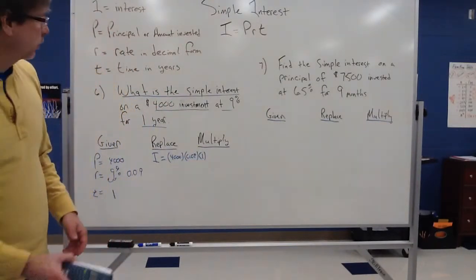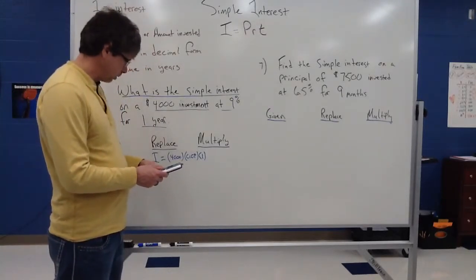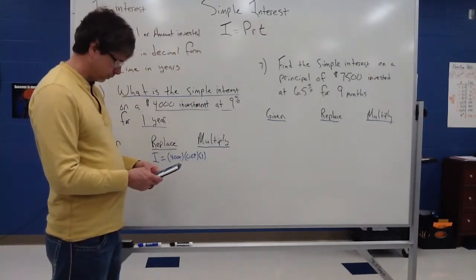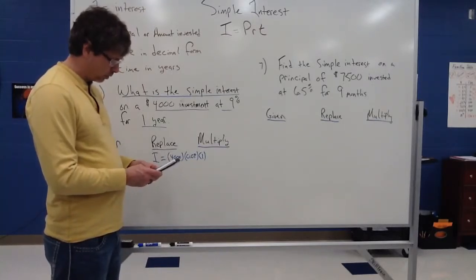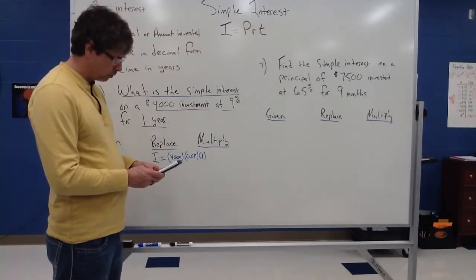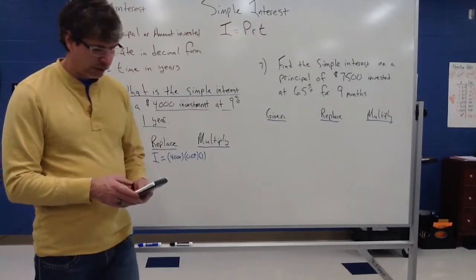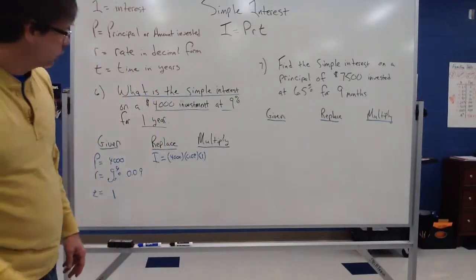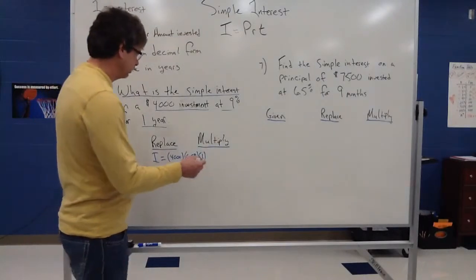And again, I'm going to just let the calculator do that math. 4,000 times 0.09 times 1, and that does give me 360. So I just substituted it straight into the calculator, and that gave me 360.